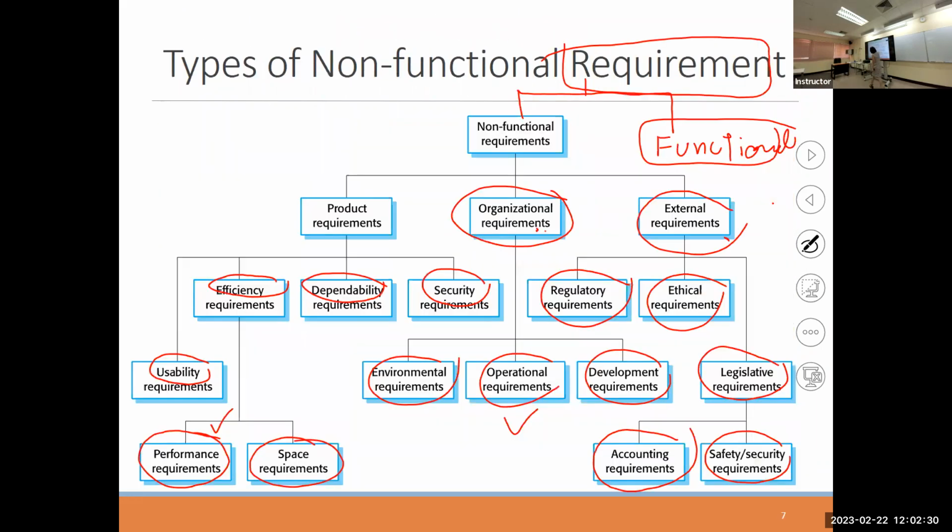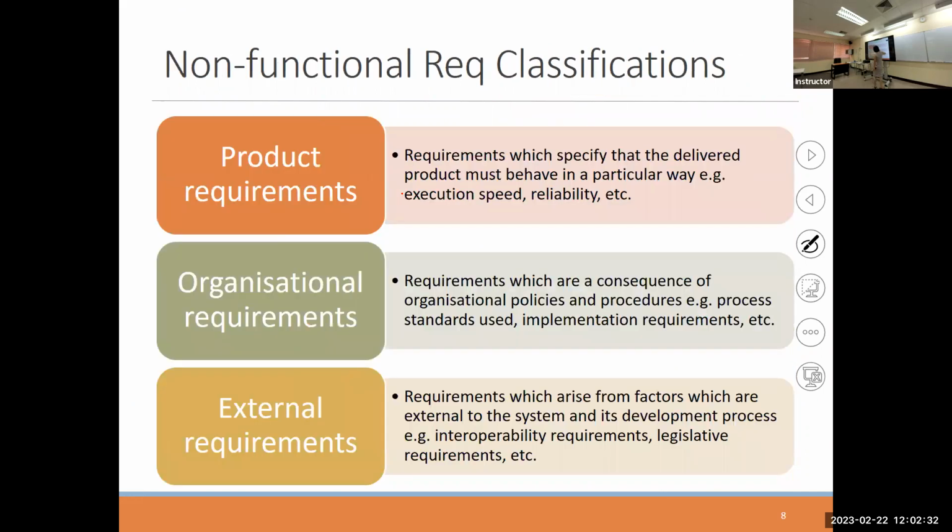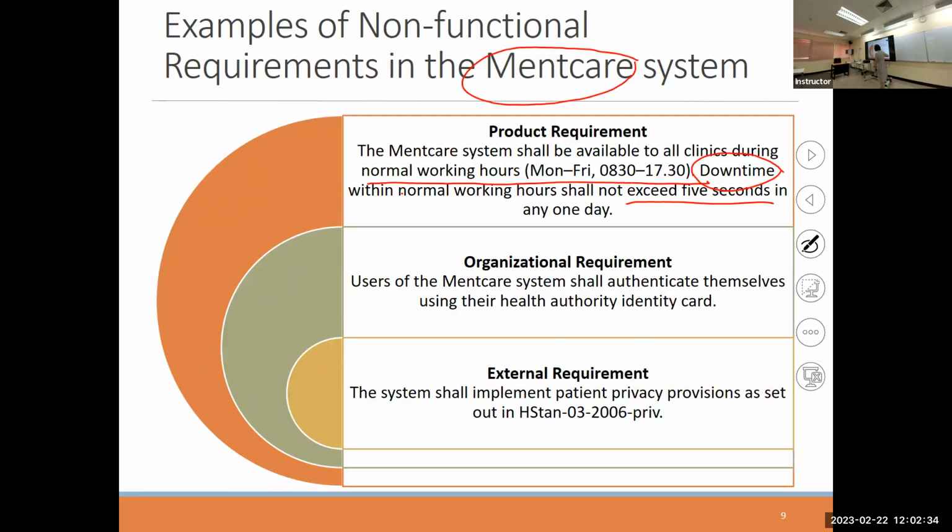This is part of the product requirements. Then we talk about organizational requirements, such as what is required by the operational procedure: every user must authenticate before using. This is an operational requirement, and it is non-functional, requiring every user to go through authentication.